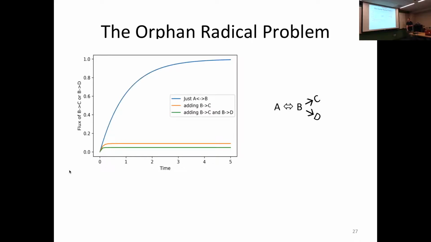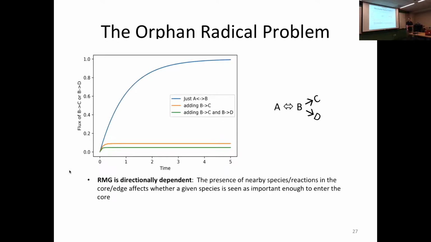What this tells us is that RMG is directionally dependent. What stuff is in the model and what stuff isn't in the model changes how RMG perceives stuff to be important. And whether you have nearby species or reactions in the core or edge affects whether species are seen as important enough to enter the core.